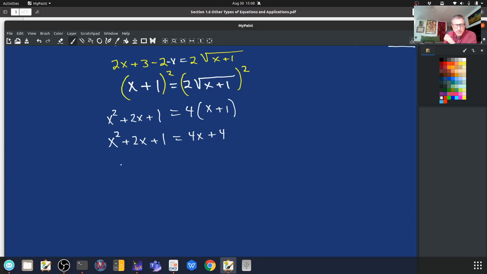So let's move everything over. That's going to give me x squared plus 2x minus 4x plus 1 minus 4 is equal to 0, which gives me the quadratic equation x squared minus 2x minus 3 is equal to 0. Can we factor that?